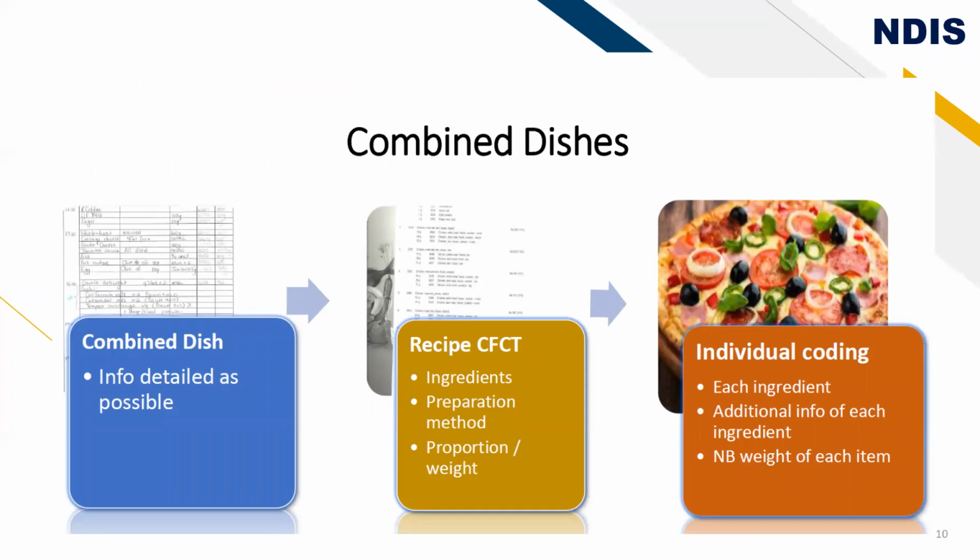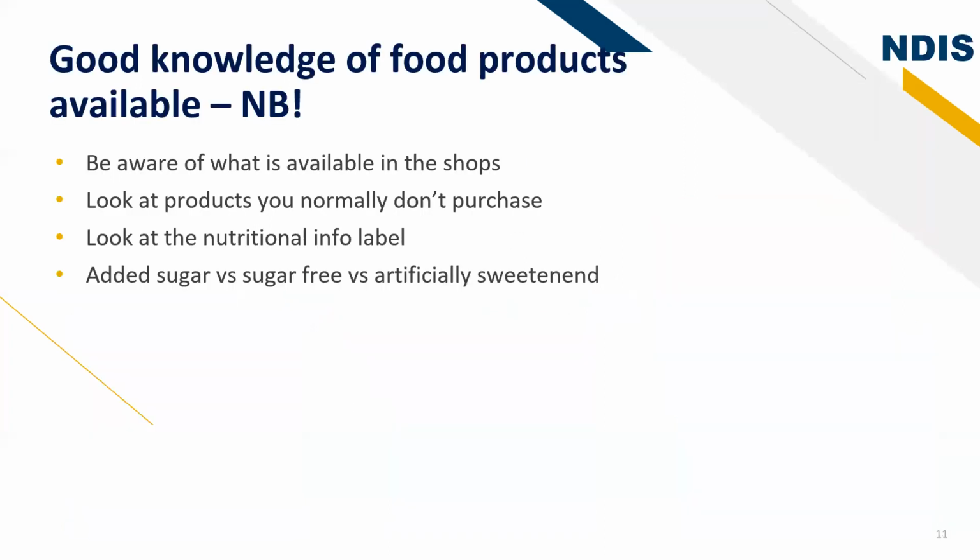Okay, so for the combined dishes from the 24-hour recall, as I've indicated, the information must be as detailed as possible. So list all the ingredients that were in that specific dish, or you can use the recipes from the food composition tables.